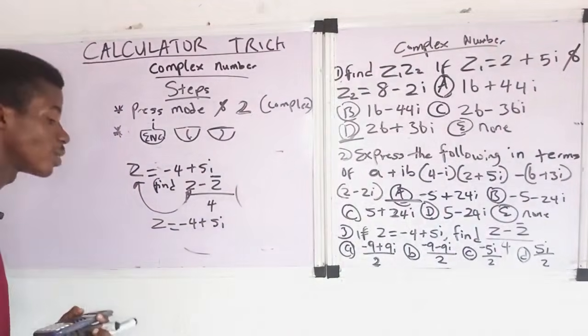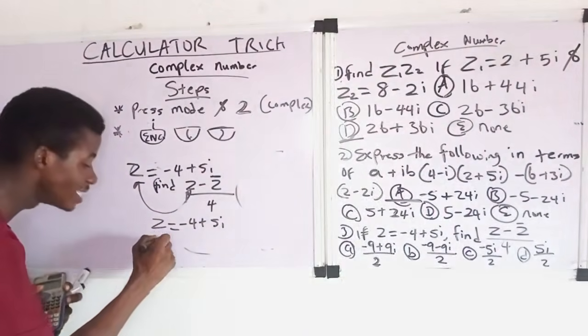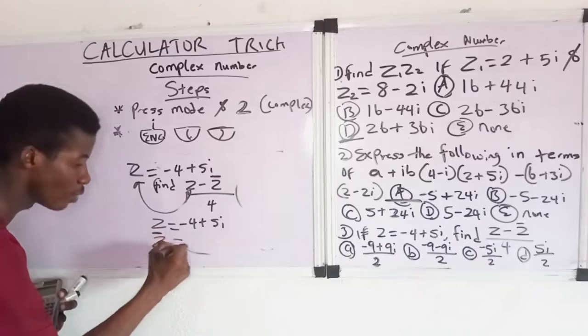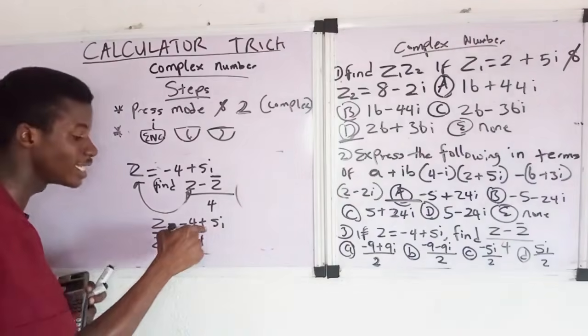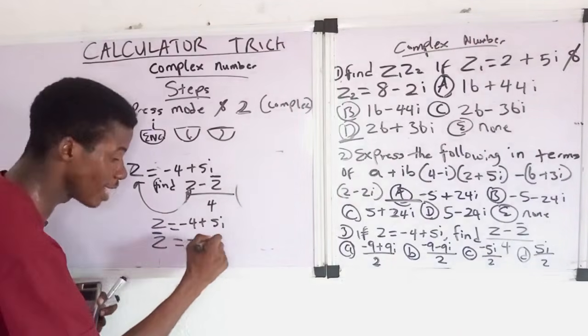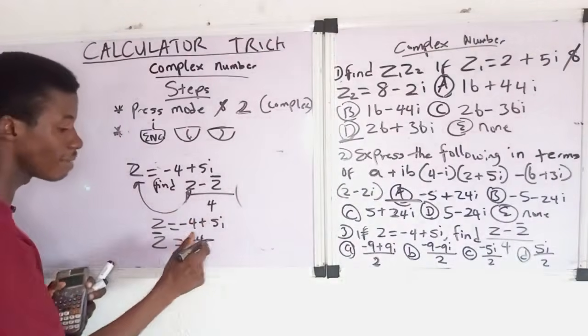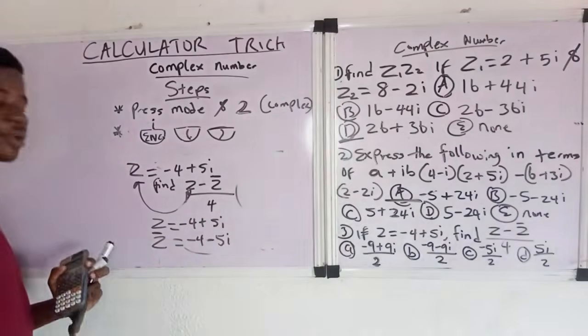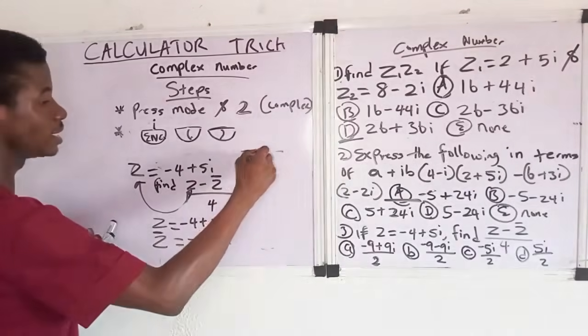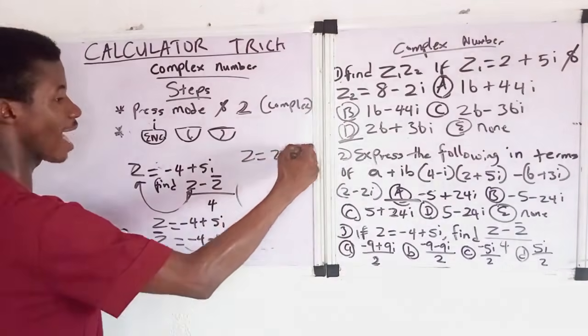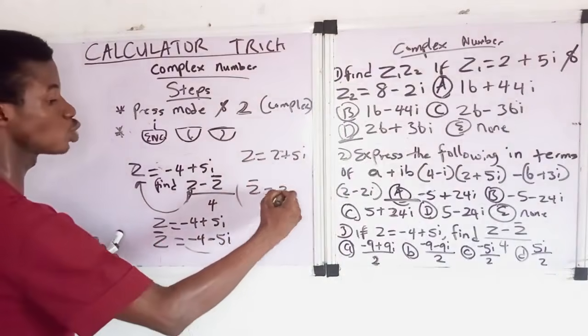Now, if z is minus 4 plus 5i, then this conjugate form will be minus 4, then instead of plus, it will be minus 5i, because it's the opposite of z. For example, if z is 2 plus 5i, the conjugate form of z will be 2 minus 5i.